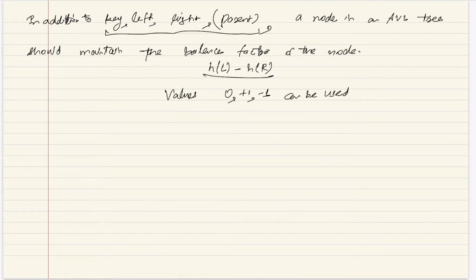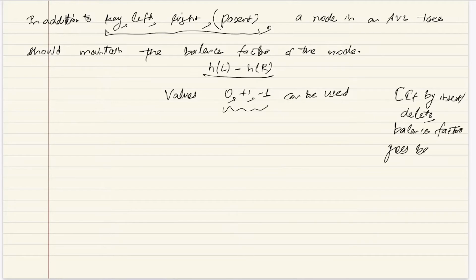That means I don't have to store the individual heights of the left and right subtrees. I can just maintain this value 0, +1, -1, and if by insert or delete the balance factor goes beyond this, I need to do something. So there is no need to store the individual heights.